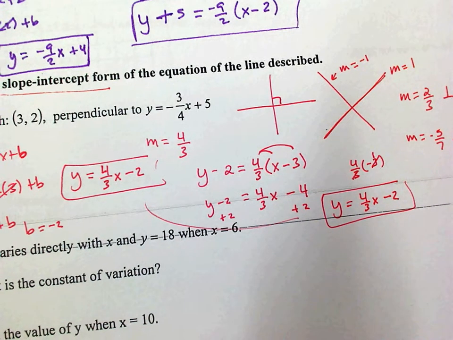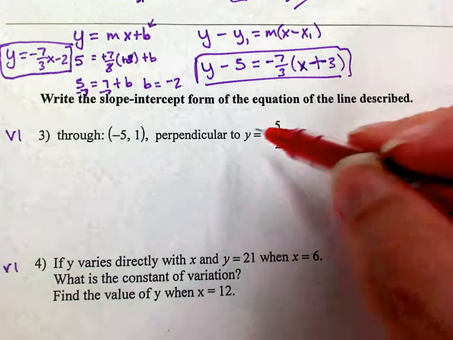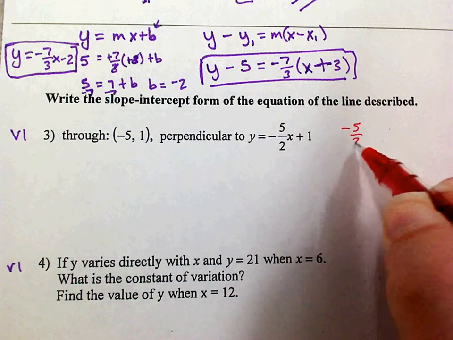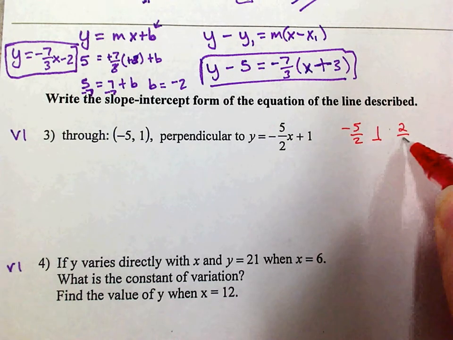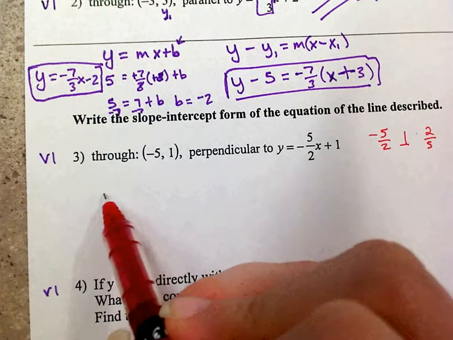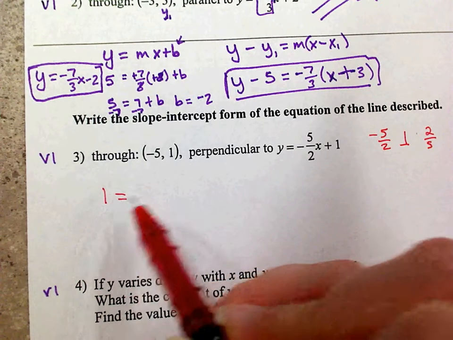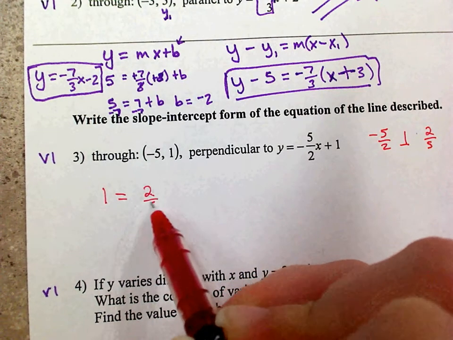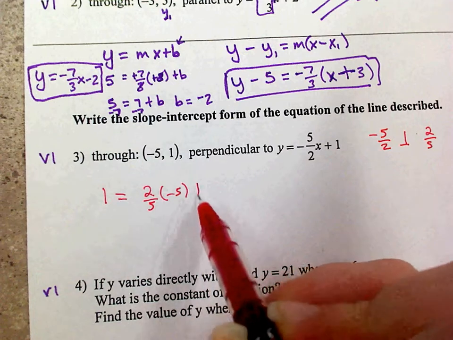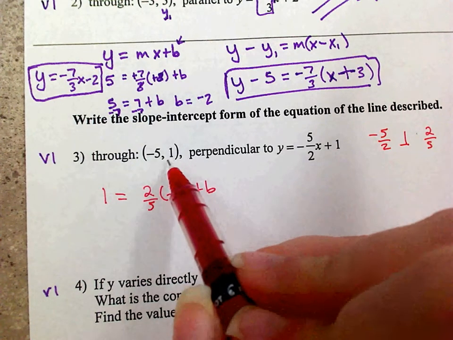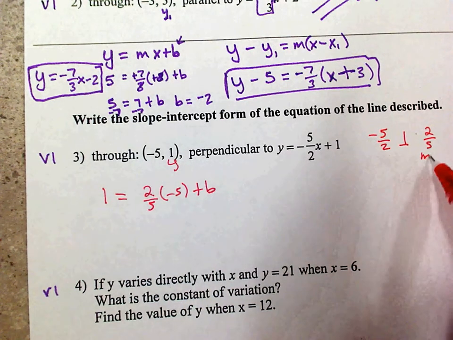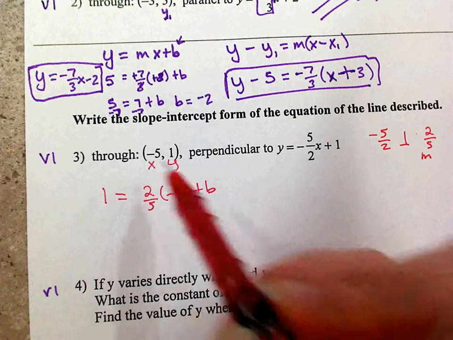Okay? So on this one, on version 1, perpendicular to negative 5/2 would be a positive 2/5. So y equals mx plus b. That's your y, that's your m, that's your x, and then I gotta find b.